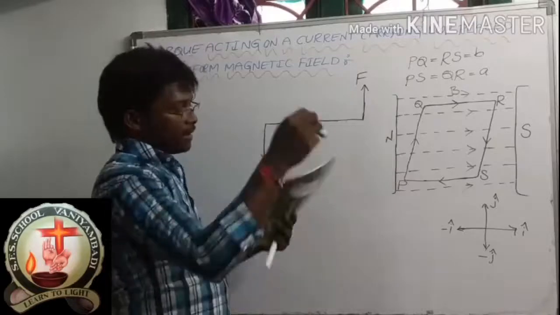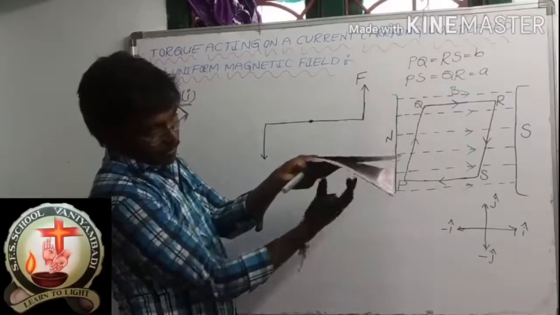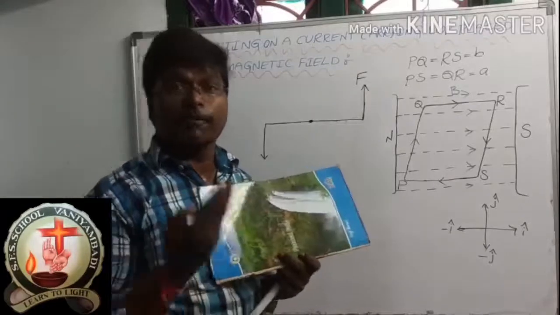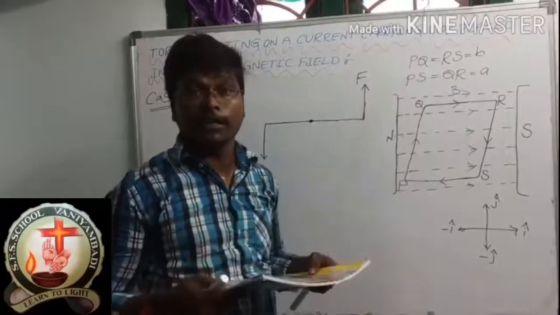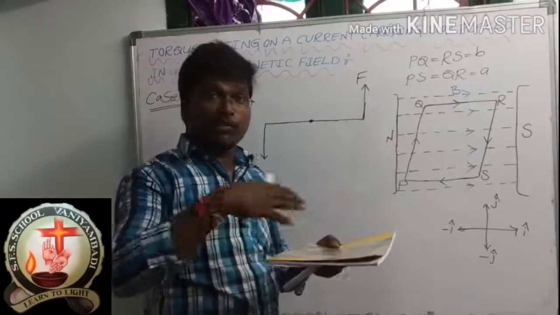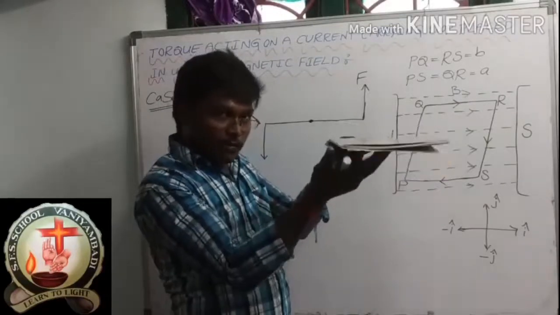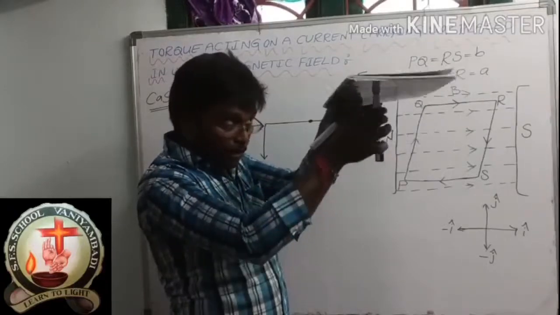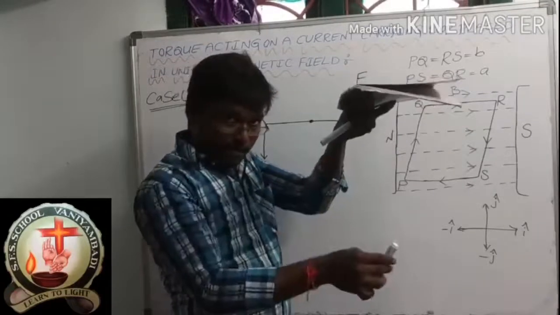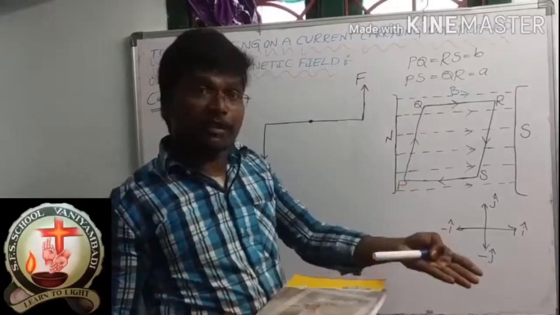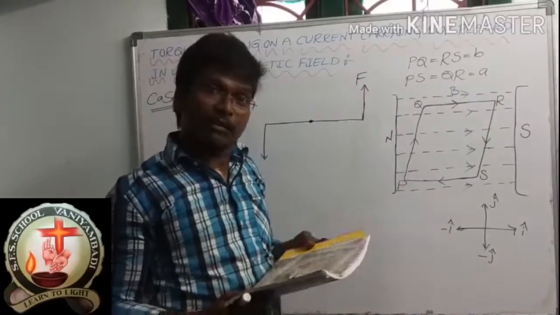So, we should take this surface area. I already told you how to find the direction of the surface area. Suppose this is the surface area, what is the direction? Perpendicular. That means downside. Okay. So whenever we are finding the direction of the surface, the direction is always perpendicular.